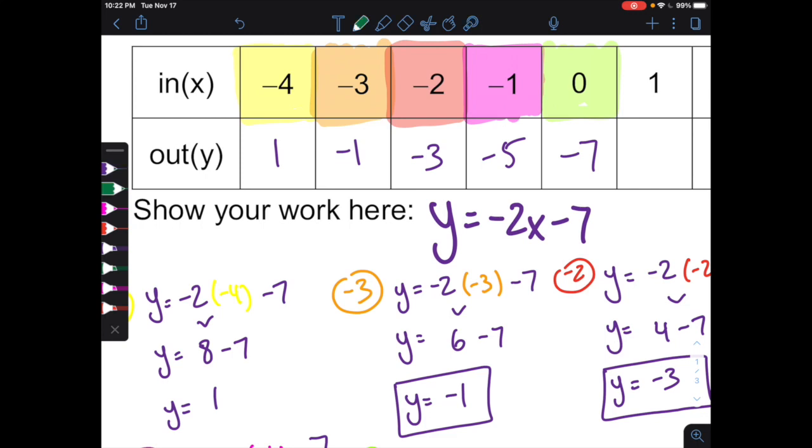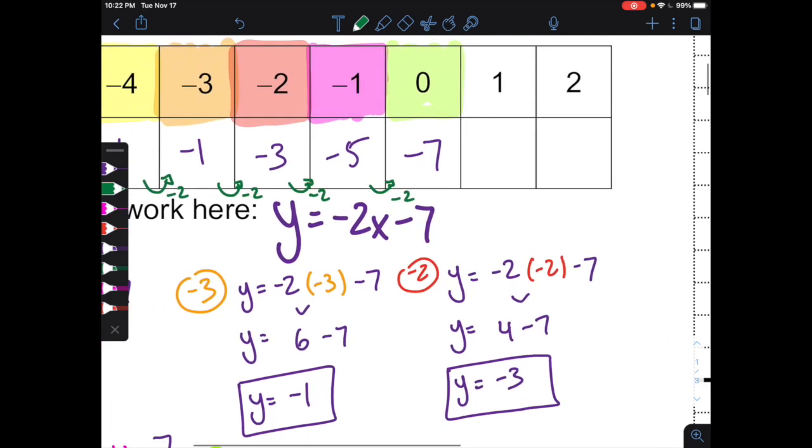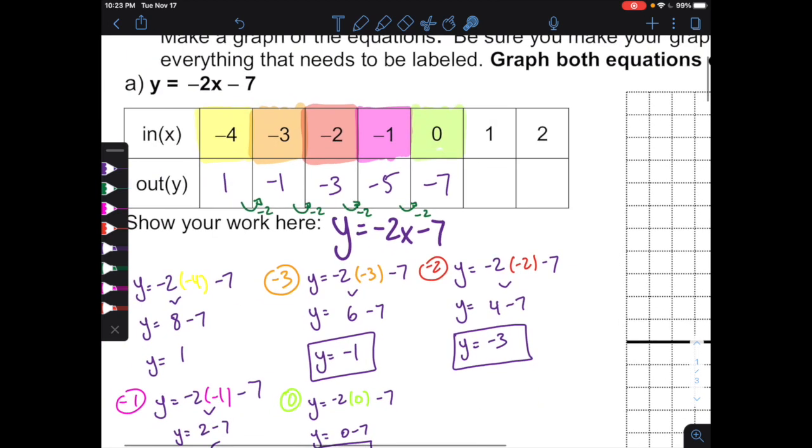And so here, you can see that each time you go, it's a minus 2, minus 2, minus 2, minus 2. So you can see that there's a rule here. And I mean, the rule is y equals negative 2x, but you can see that each time it's going down by negative 2. It starts at negative 7, and starting is when x is 0, right?